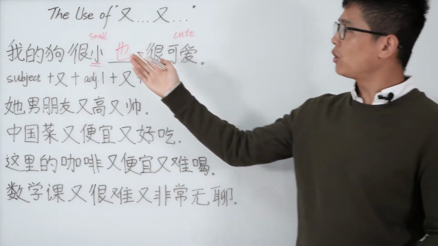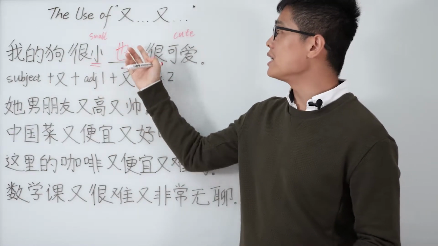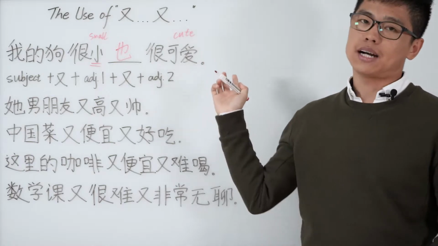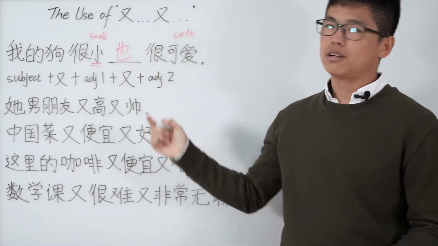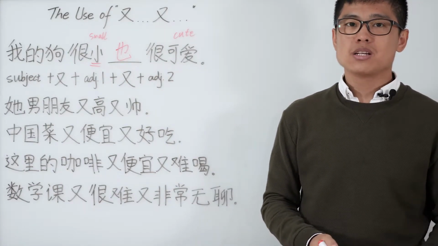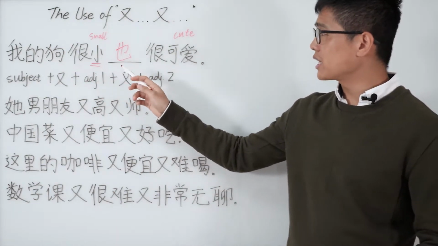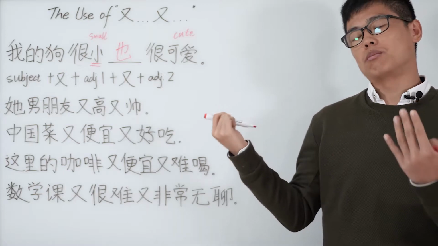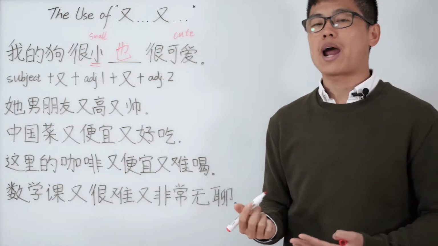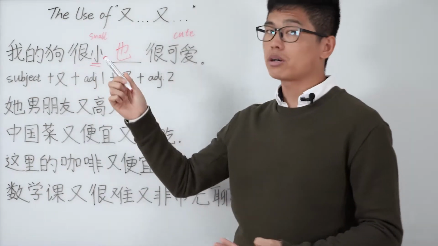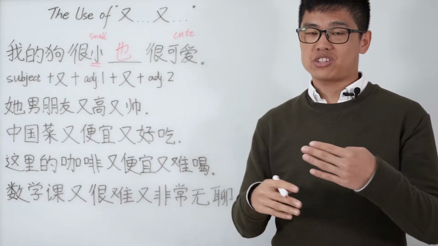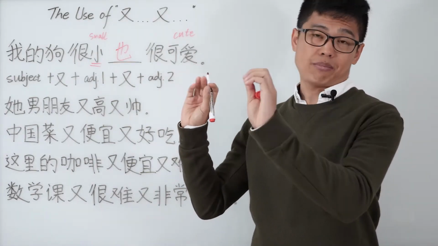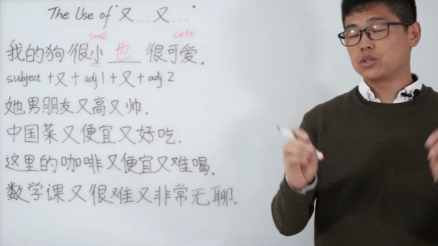So if you say 我的狗很小，也很可爱, also very cute. So this is a very common mistake that people make when they try to use two or more than two adjectives to describe a noun. Remember, sometimes you cannot translate something from English directly into Chinese.